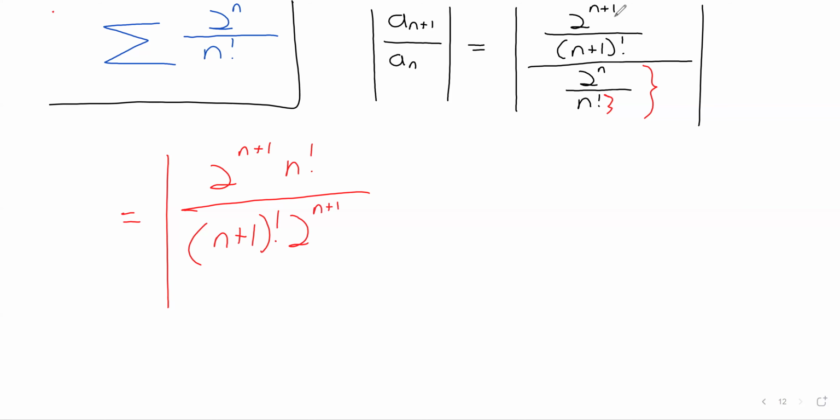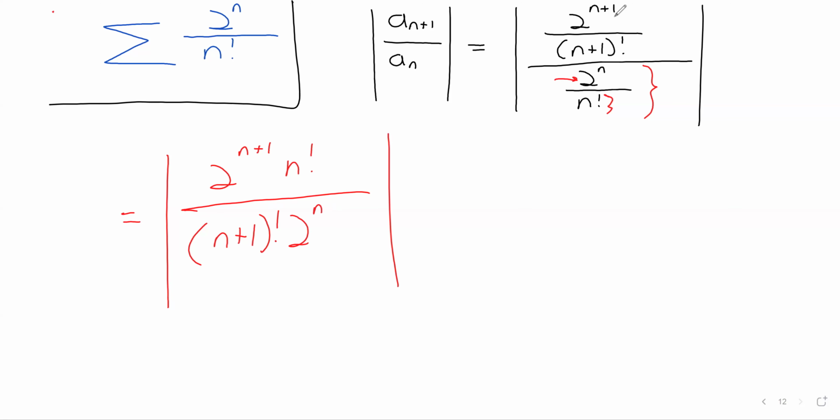This 2 to the n, not 2 to the n plus 1, goes down there. When we use the ratio test, we get these things and we group terms together to do simplification.